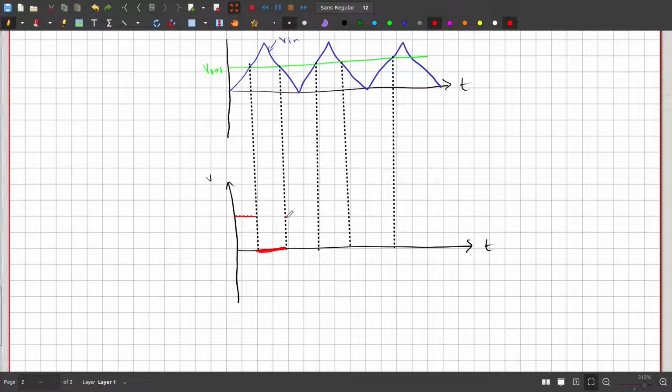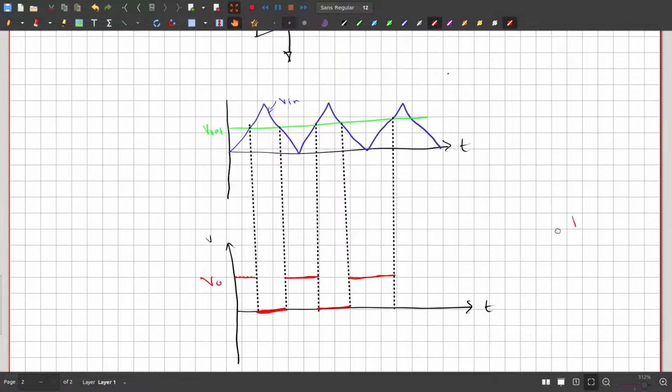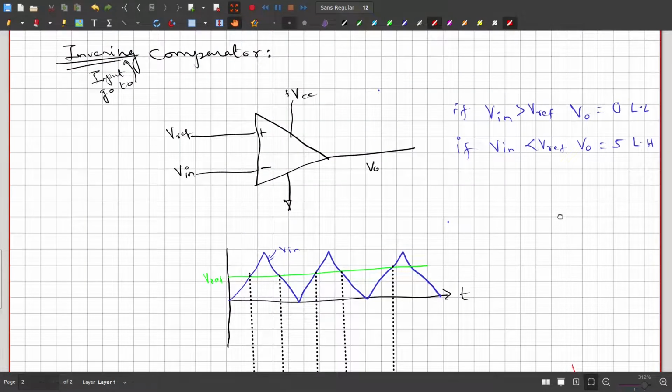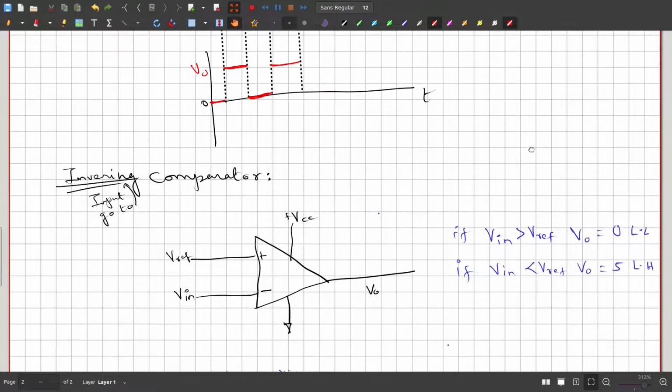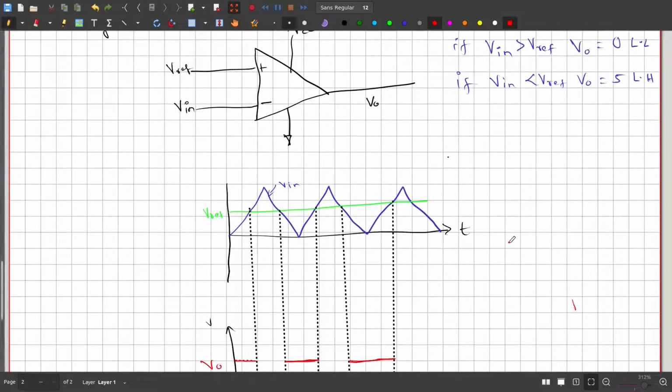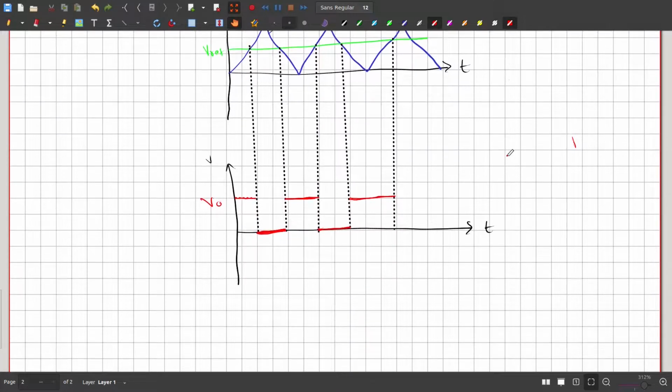Here it is logic high, here logic low, and here logic high. So this is the output, this is V out. This is how the output looks for the inverting comparator. It is an inverted waveform, therefore it is called an inverting comparator.